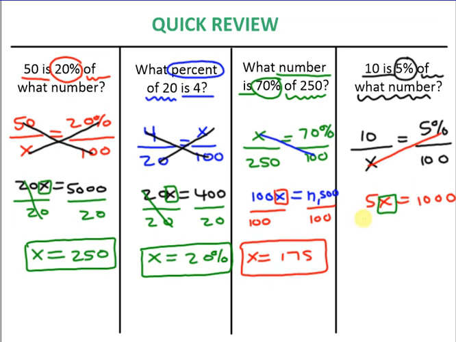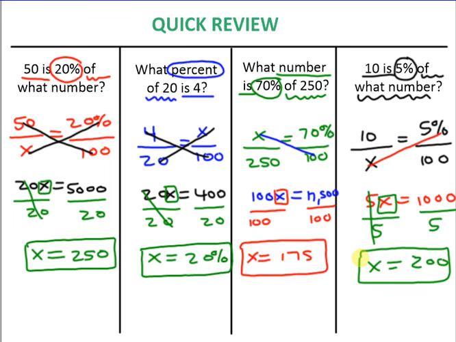Box the variable, divide both sides by 5. The 5's cancel, x equals 1,000 divided by 5, which is 200. So in this case, the "of" is 200. All right, that was a quick review.